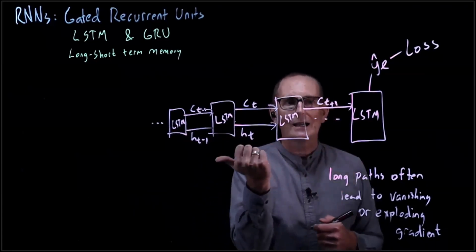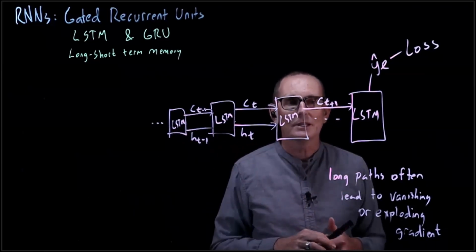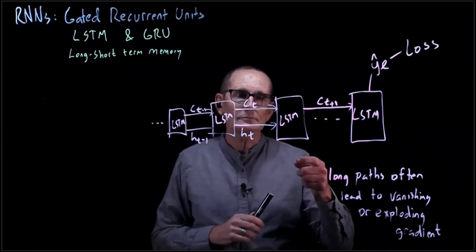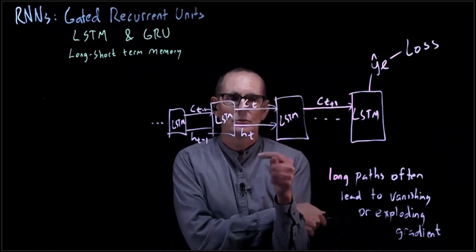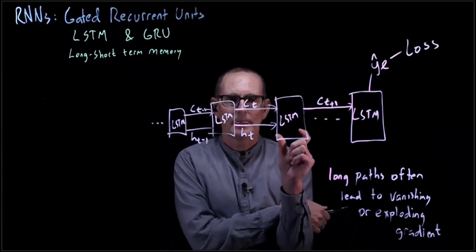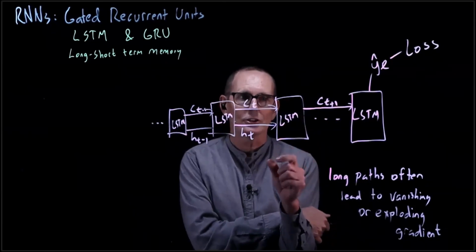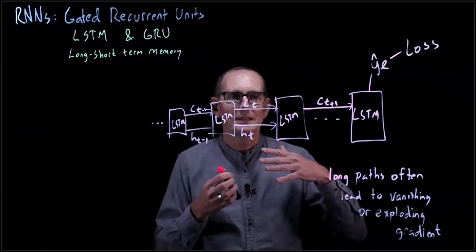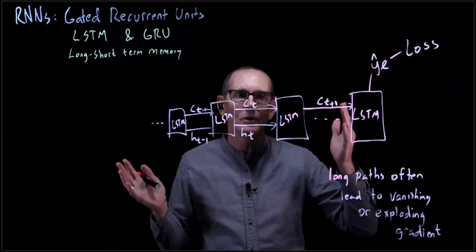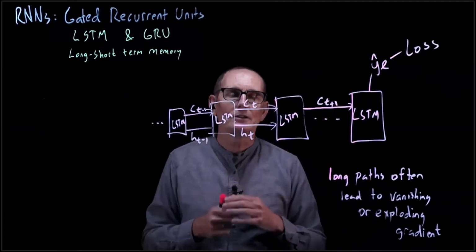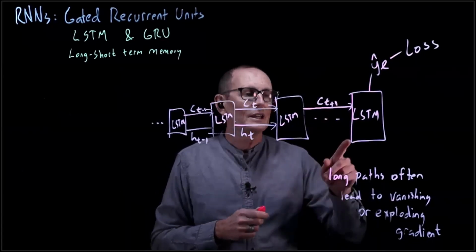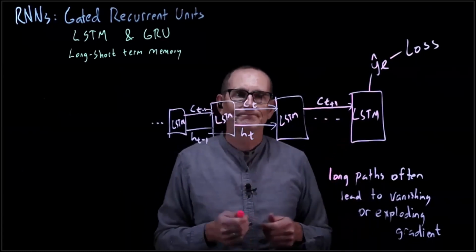So in order to go back, you need to also go through the W_HH matrix. That causes a problem with possibly having either vanishing or exploding gradients. If your weight matrix is bigger than 1, you can have exploding, and less than 1, you can have vanishing. We're going to still have that problem with our H's.